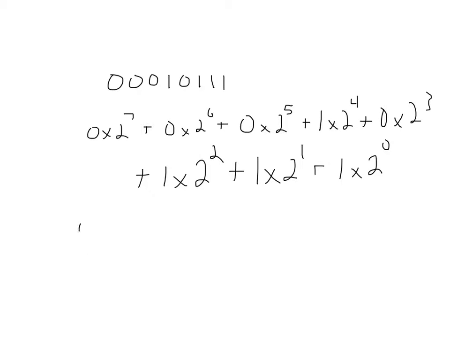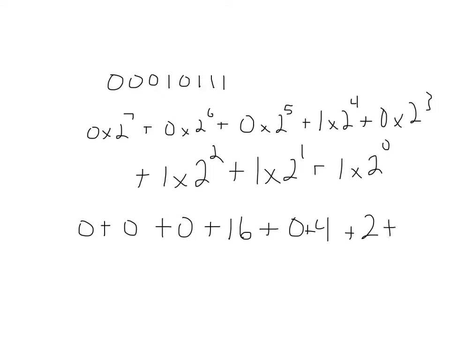So we have 0 plus 0 plus 0 plus 2 times 2 is 4 times 2 is 8 times 2 is 16 plus 0 plus 4 plus 2 plus 1, and so 0, 0, 0, 1, 0, 1, 1, 1 is 23.